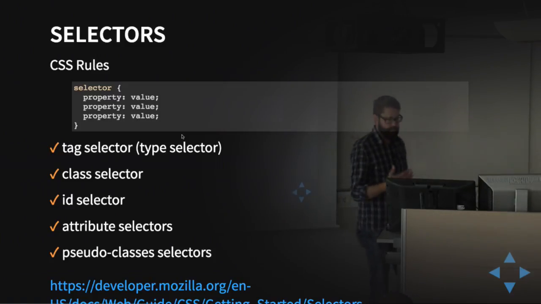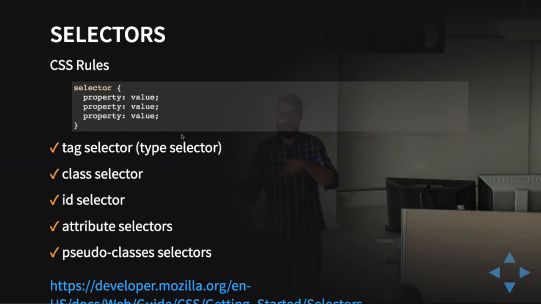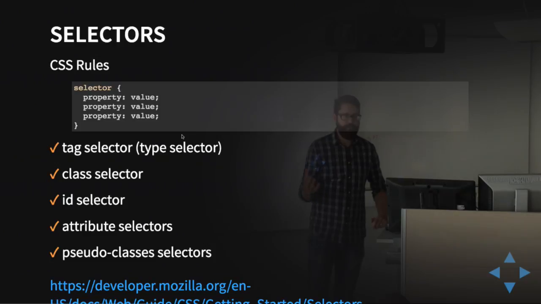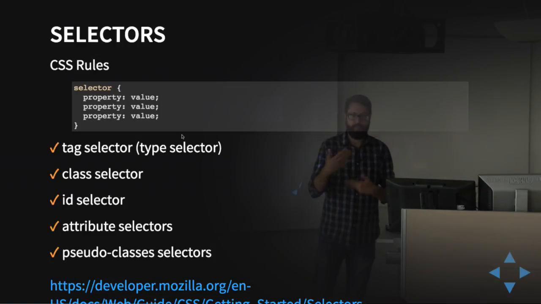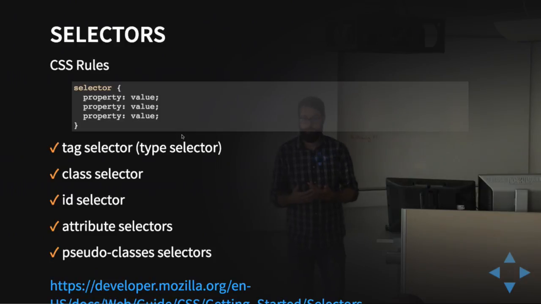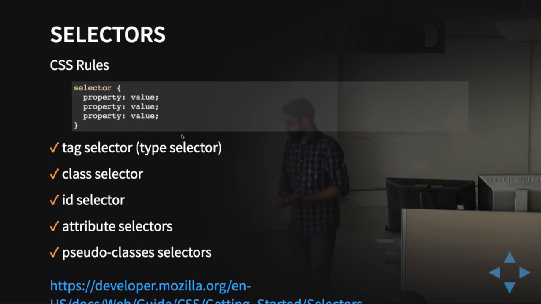Some elements on the page can have different states. If you think of a link, for instance, that link can be in different states. For instance, it could be unvisited and visited. So with a pseudo-class selector, you can say that all visited links should have a certain color. It's often purple as a standard, and every other link should have the blue color, for instance.